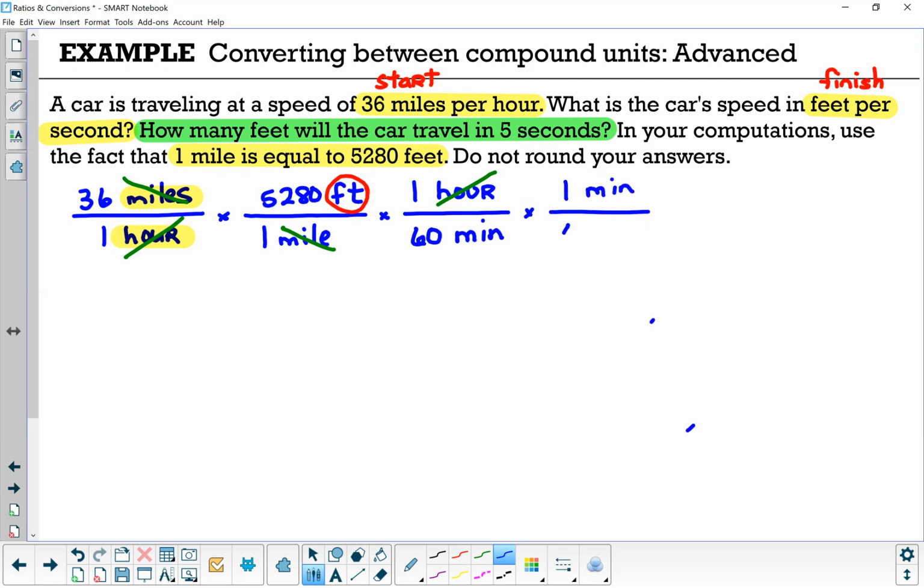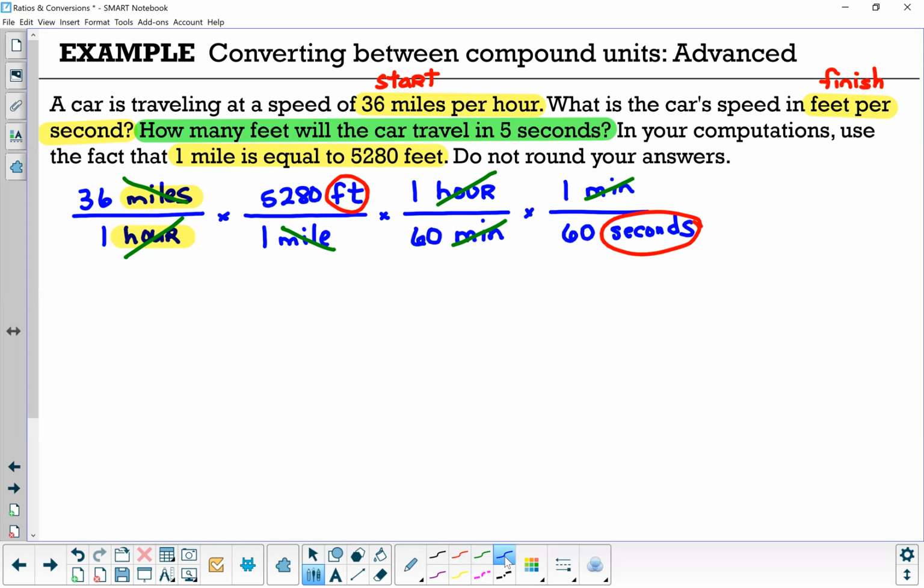So therefore, 60 seconds is going to go in the denominator. So analyze your units. Minutes divided by minutes. That's eliminated. So we're left with seconds. We now have feet over seconds. So that means feet per second.